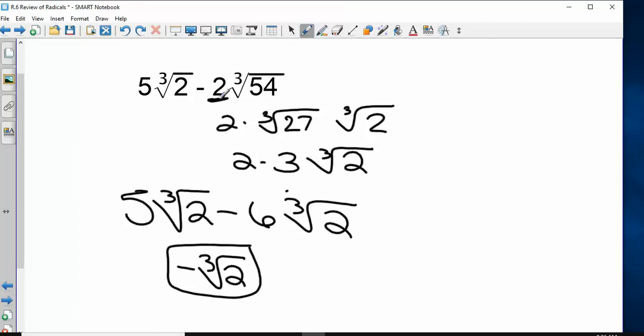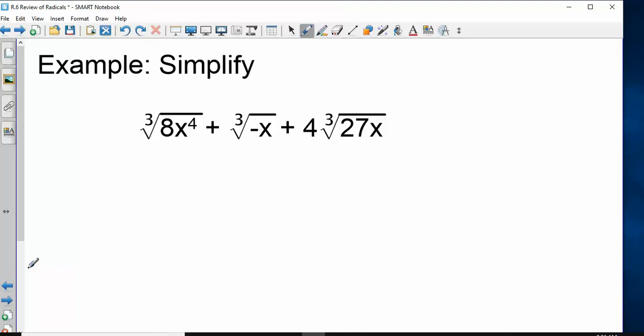One last problem. Alright, so I have 3 radicals.